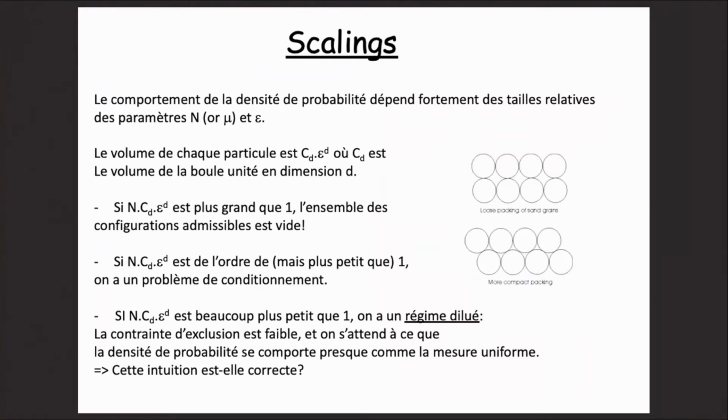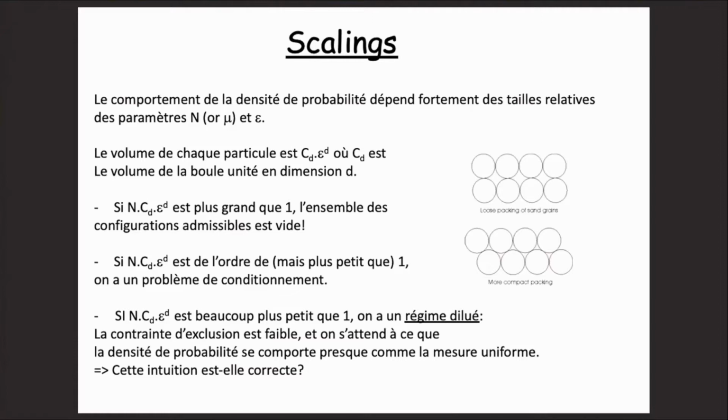So now you see that, of course, there is no uniform answer to this question, because there is something which is clearly obvious: if the size of the particles is really big, and you have a large number of particles, you have a problem. If you have a volume 1, and a very large number of particles, and these balls are not very small, then of course there is no admissible configuration.